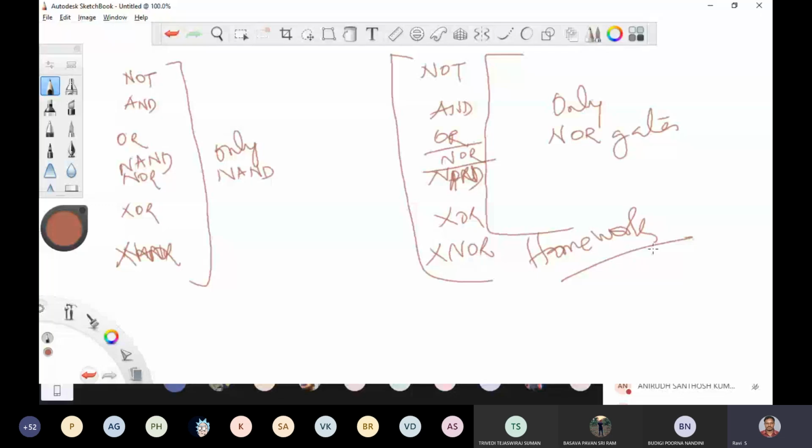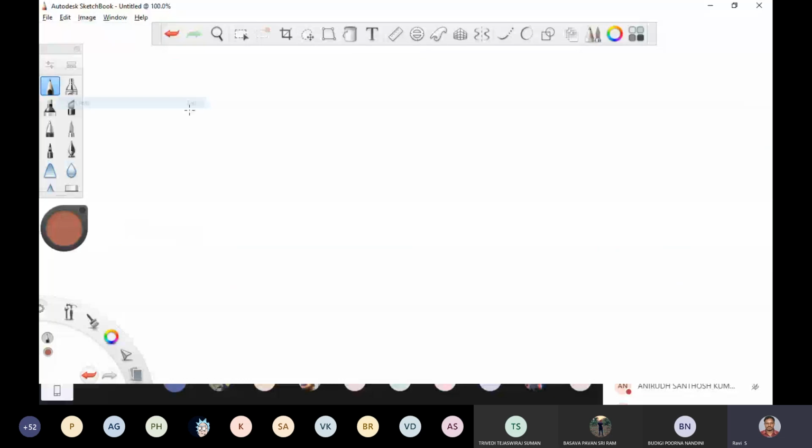Okay, I'll give you the hints also on how to implement the NOR based design. So now we know what the NOR function is. A plus B whole bar is the output of NOR logic, correct? The symbol for NOR is a bubbled OR. If you apply A, B, you'll get A plus B whole bar. This is the NOR function. Now if I want to implement NOT, let me try 1 or 2.